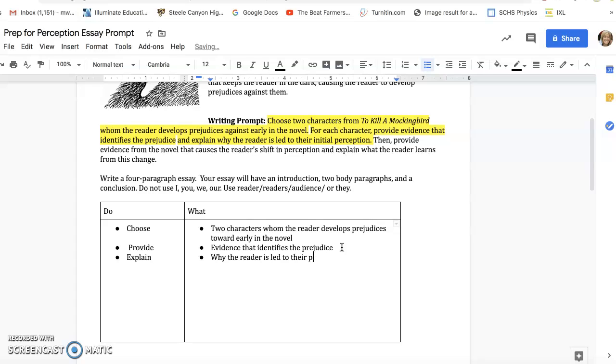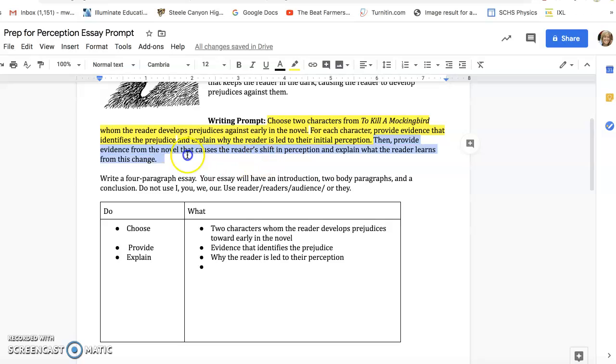And remember, perception is the way someone sees something. So you have to choose some characters, provide evidence, and explain why the reader seems to think this. And that would happen, by the way, in your analysis sentences.